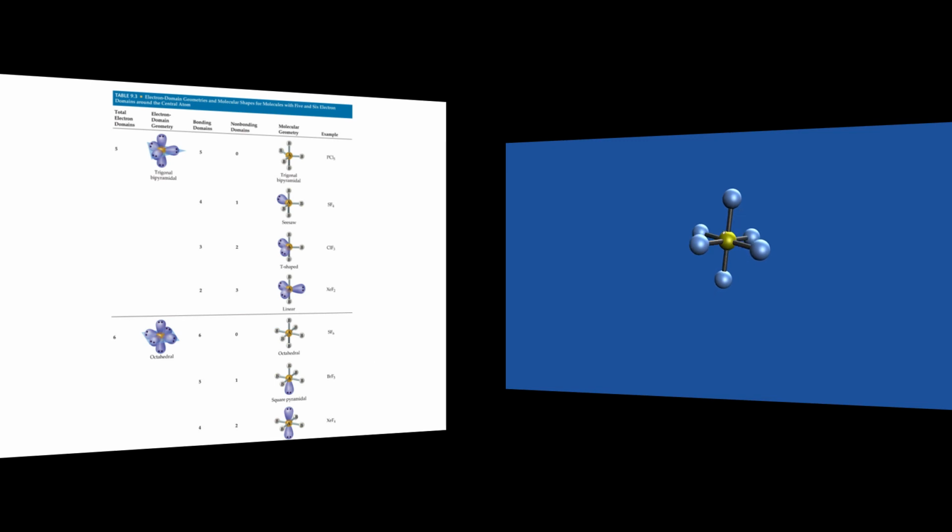And at this point now, it is important for us to consider if we were to take another bonding domain away and replace it with a non-bonding domain. At that point, it becomes important because really this opposite end is the one that should be removed. Because if I've got a lone pair down here, a non-bonding pair of electrons, we know that that imparts a little bit more repulsion onto the other domains than a traditional bonding domain would.